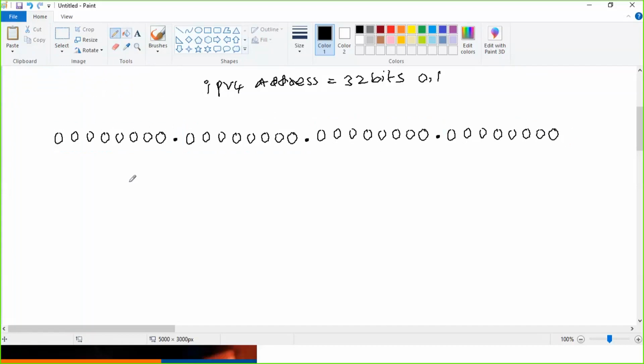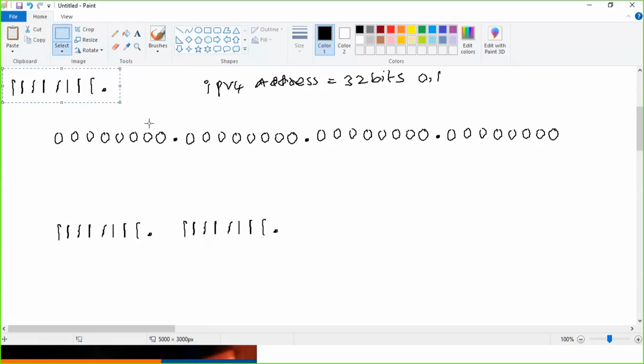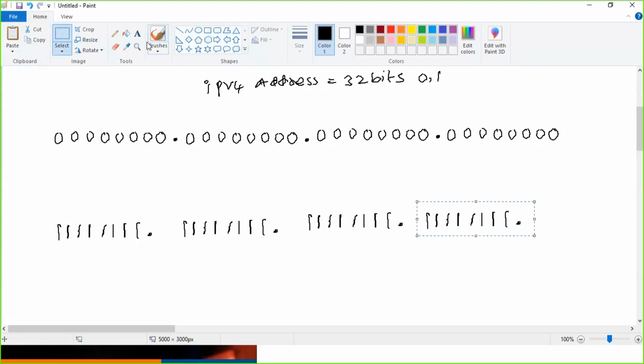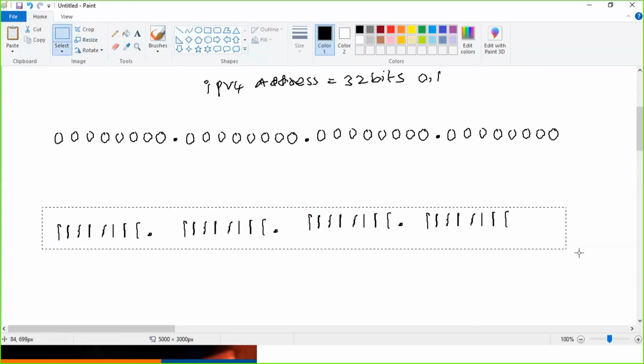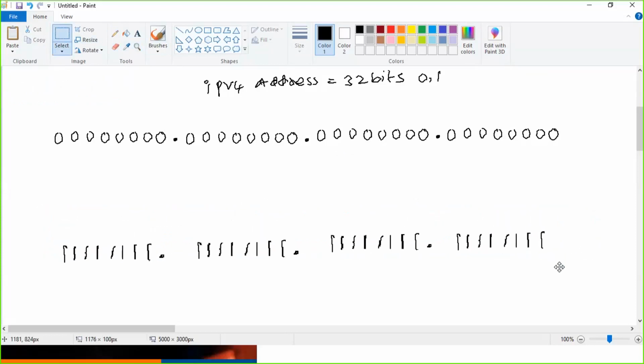What is the maximum combination? All ones. 1, 2, 3, 4, 5, 6, 7, 8. The maximum: first octet highest, second octet highest, third octet highest, fourth octet highest. So the highest value is also the maximum combination of an IP address. Agree? Yes.